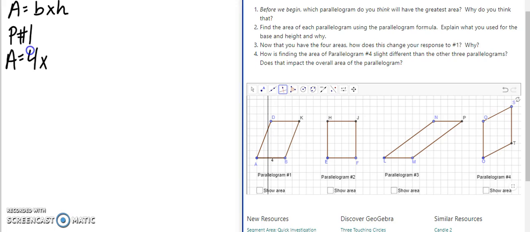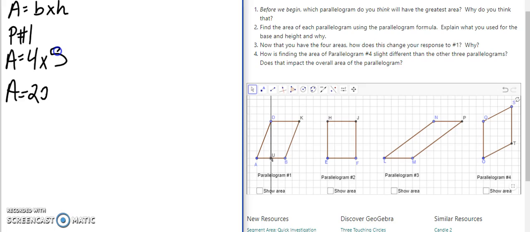I click on point D and say, okay, there's my segment, going from D down to U. And I can say, okay, that's 1, 2, 3, 4, 5 units. So I know this would be a 4 by 5 parallelogram, so I would say this is 20 square centimeters.